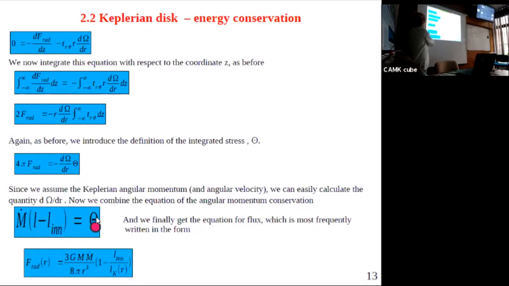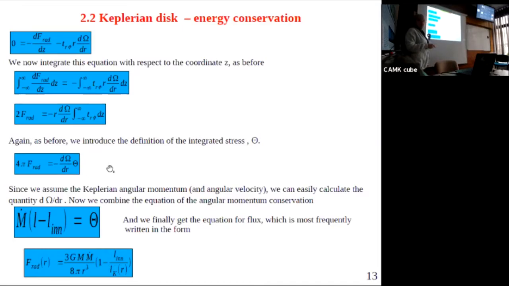So we have now two equations. This one, which we got from the angular momentum, which contains theta, and this thing, which also contains theta. We have no idea what theta is, but now we can combine those two equations, right? Putting the theta from this equation into that equation, or whatever. And you can calculate, in that case, the flux emitted from the disk surface. And this is the final expression. This is how it's customarily expressed.